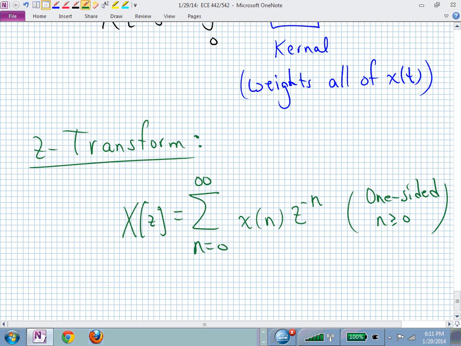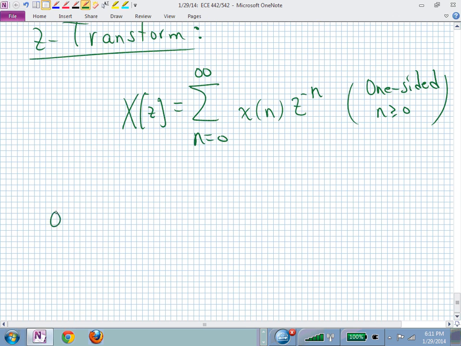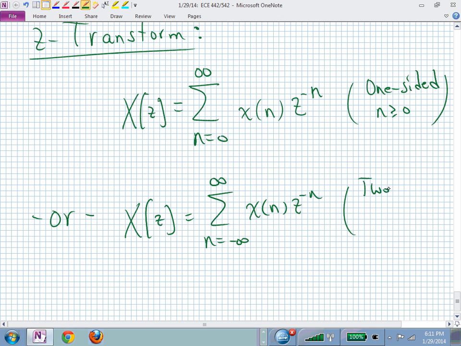You might see this, and we will see this. We might use the two-sided Z transform. Capital X of Z could go all the way back to minus infinity in n, and now we have x of n, z to the minus n, the same structure, but this is now the two-sided.